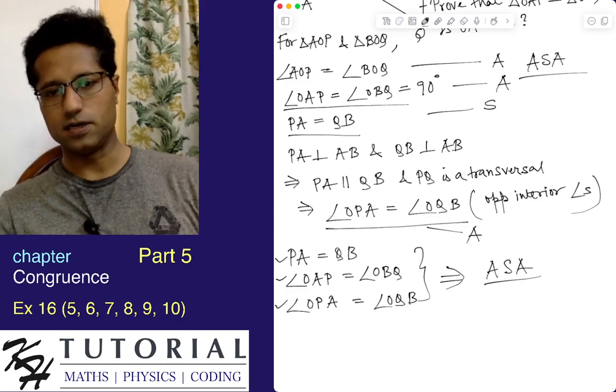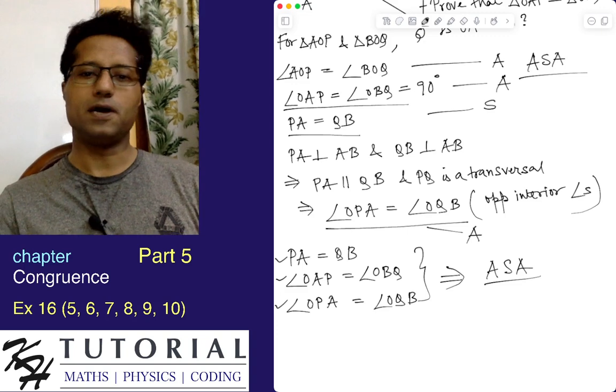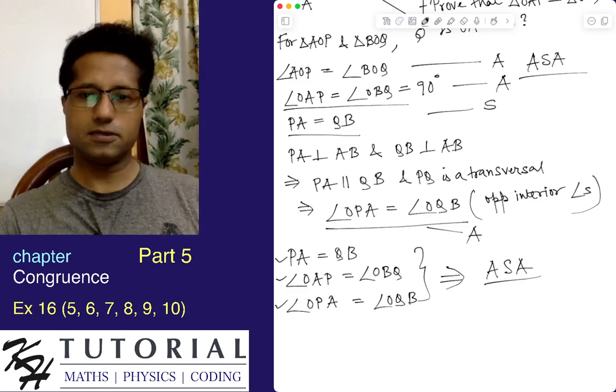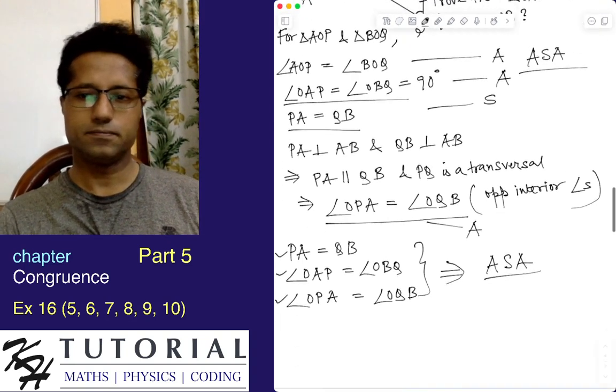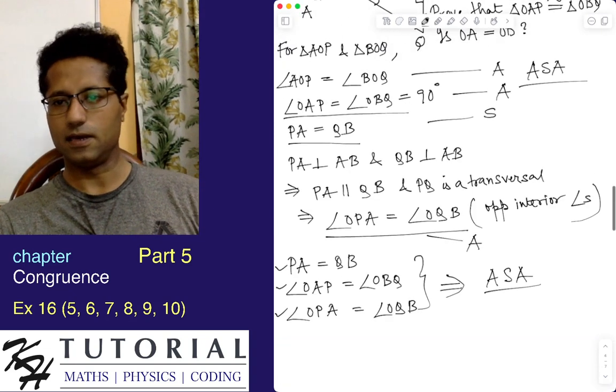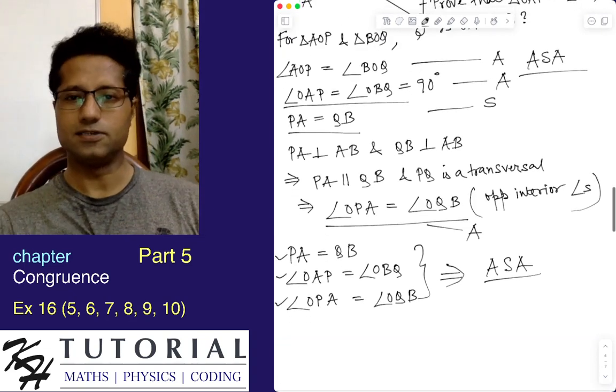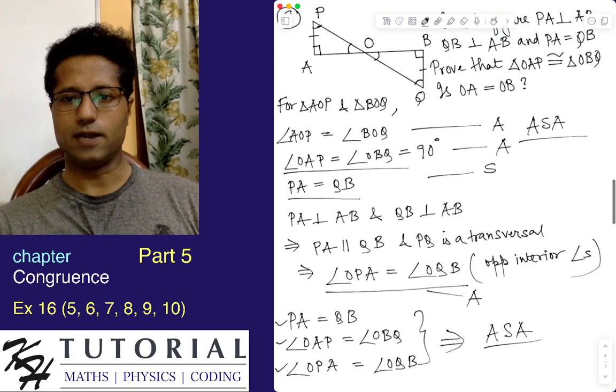For each triangle, the matching parts are two angles and its included side, and hence we can apply the ASA congruence property and say that these two triangles are congruent.